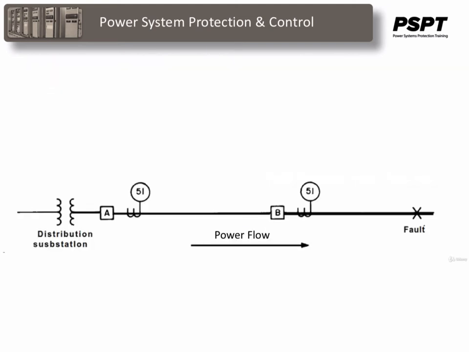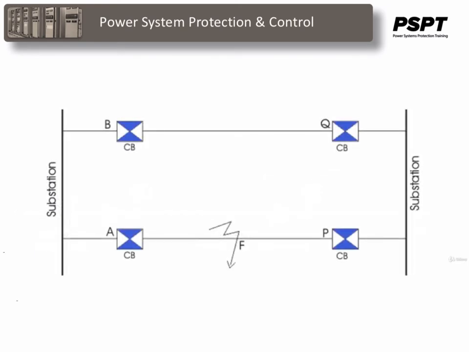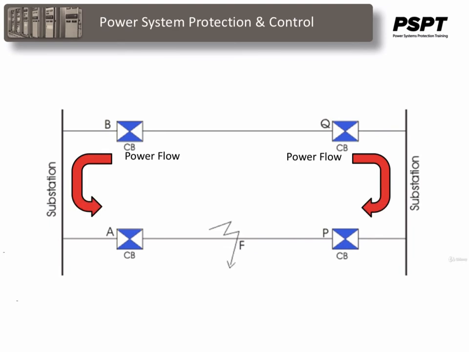Now, these overcurrent relays are good for radial feeders where the power flow, including the fault current, always flows in one direction. The problem arises when the evolution of a power system starts to tie feeders together, and then there is a possibility that power could flow in the opposite direction in order to feed a fault.